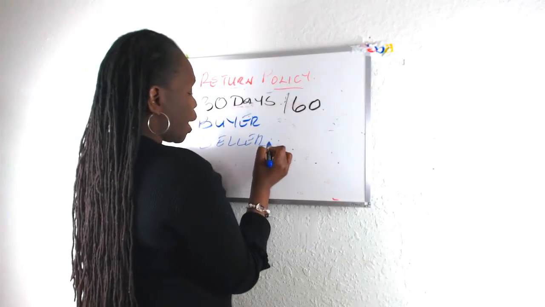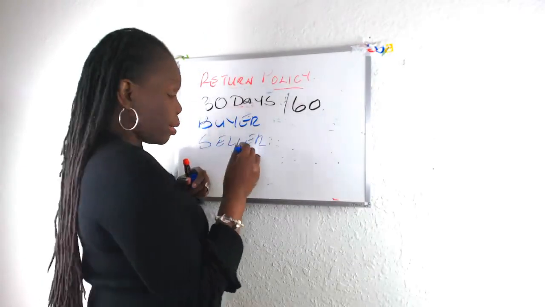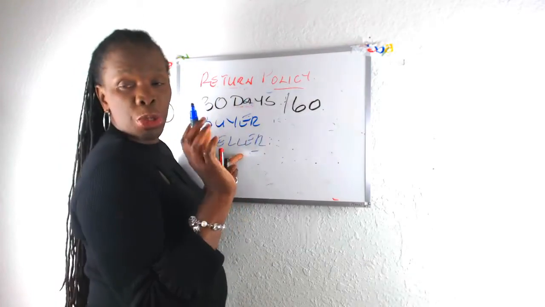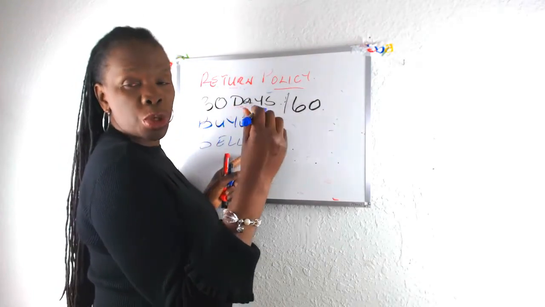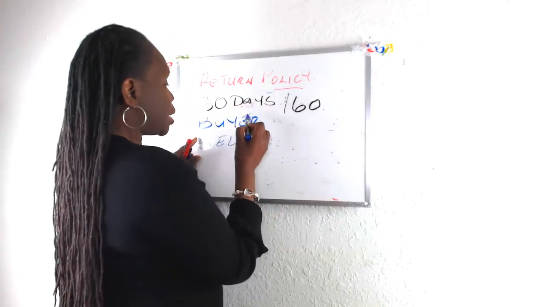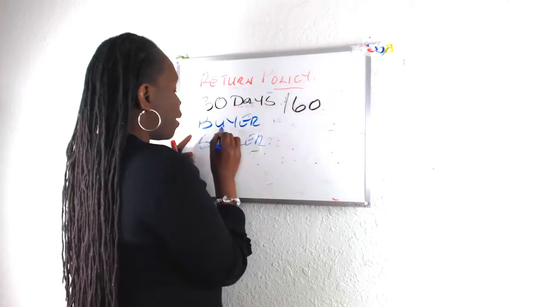So on that drop down, you select the one you want. If you want to pay for the return shipping, you select seller. And what this will do is it will indicate next to your listing that you accept free shipping, free returns. And if it's the buyer, it won't say anything, just leave it blank.